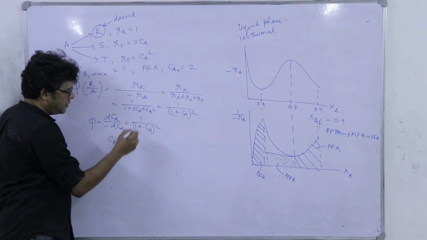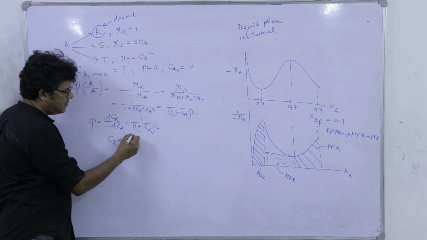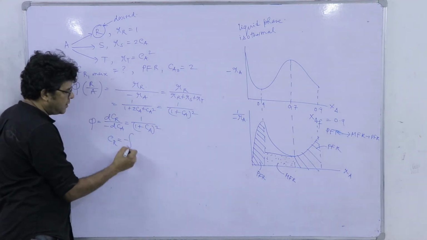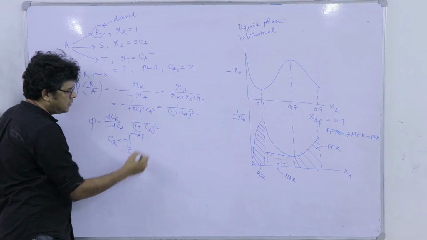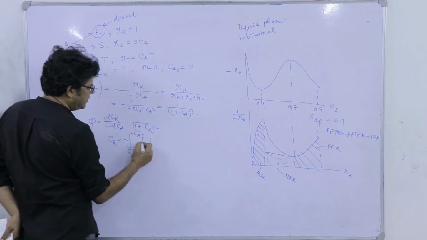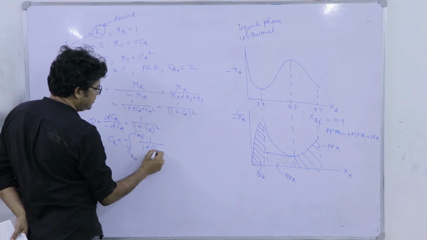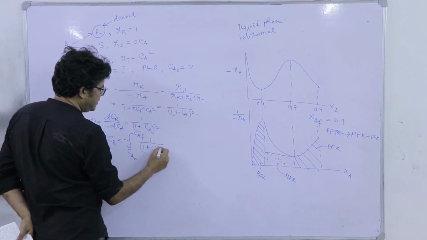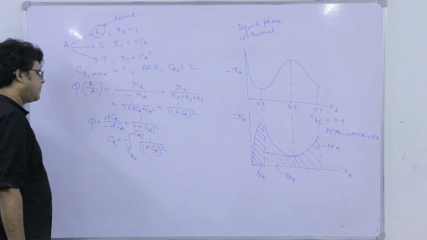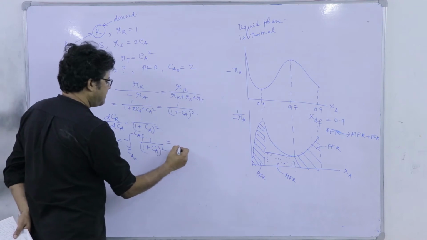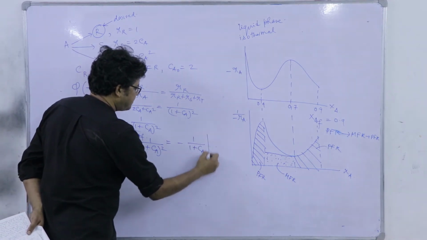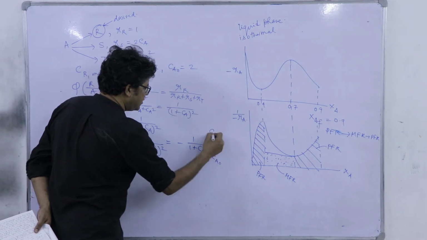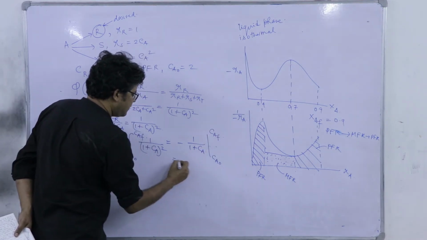So, CR for a PFR we have to integrate. So, minus integral from CA0 to CAF, we do not know what the CAF will be in order to maximize this concentration. So, this is minus of 1 divided by 1 plus CA, from CA0 to CAF.